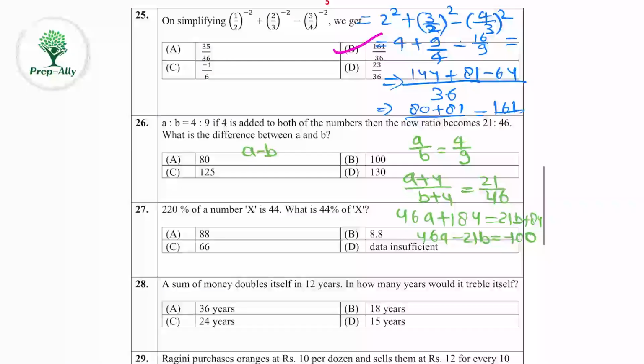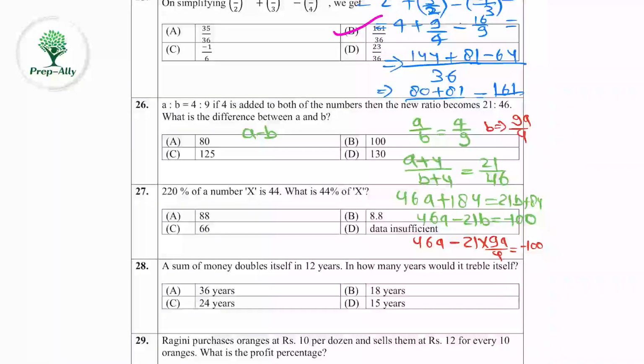We can write b is equal to 9a by 4. So if I substitute the value here, 46a minus 21 into 9a by 4 is equal to minus 100. Again by simplifying this, 46 into 4 will become 184a minus 9 1s are 9, 9 2s are 18, a divided by 4 is equal to minus 100. So it will become minus 5a by 4 is equal to minus 100.